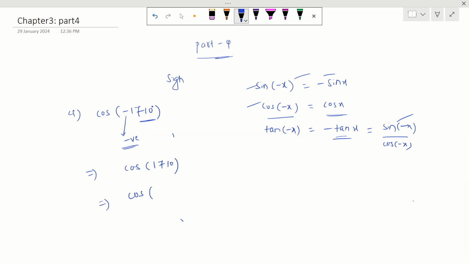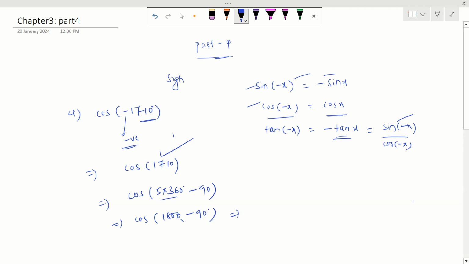I can write this as 5 into 360, which is 1800, minus 90 degrees. 1800 minus 90 is 1710.